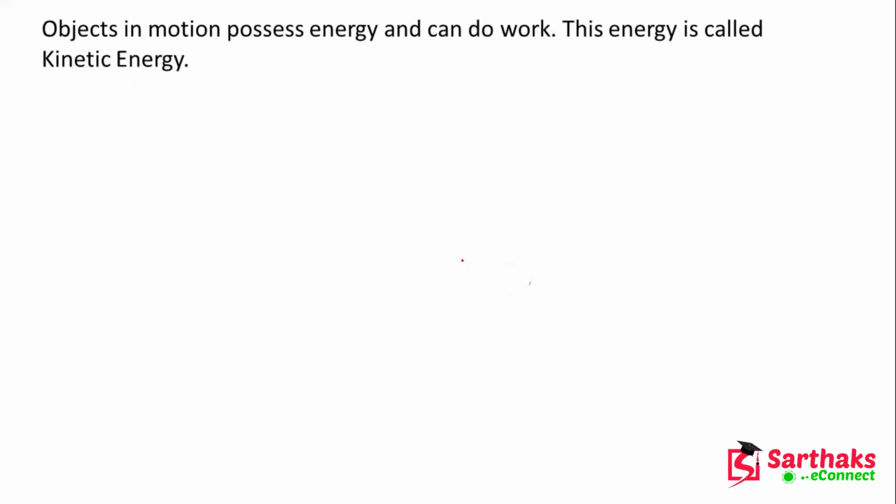And this energy is called the kinetic energy. So here the force F equals m into a, where m is the mass of the object and a is the acceleration.